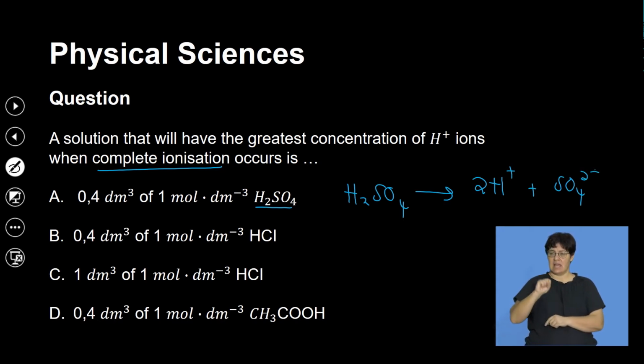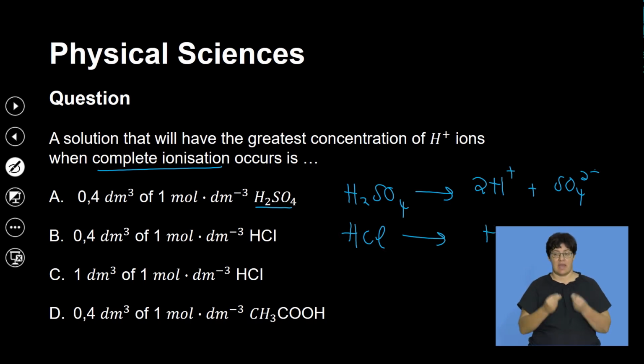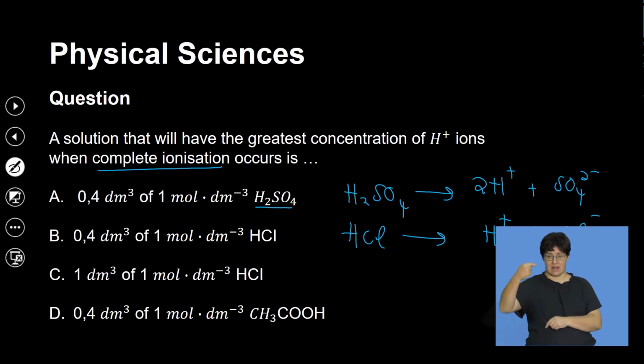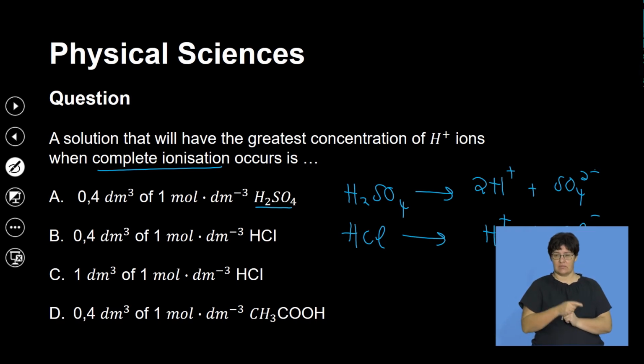So the ratio is 2:1 in terms of the product. But as far as HCl, what do we have? We have 1 mole of HCl, which ionizes to give us 1 mole of hydrogen ion. So in this case, sulfuric acid becomes a diprotic acid, while hydrochloric acid becomes a monoprotic acid.